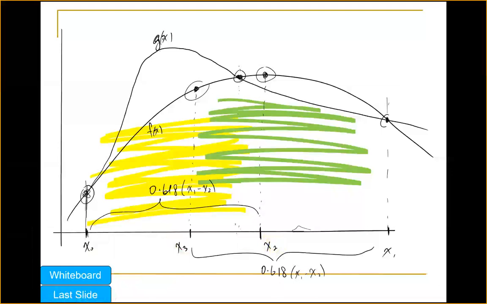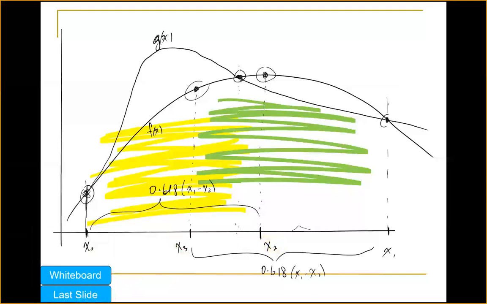So you say x1 is greater than x0, true. f of x1 is greater than f of x0. So it means that the maximum will be closer to f of x1.